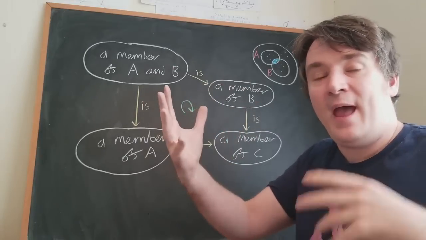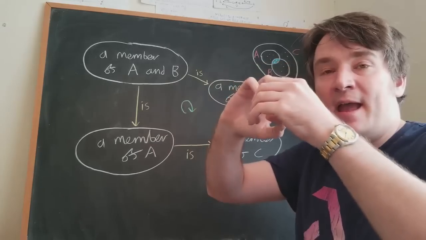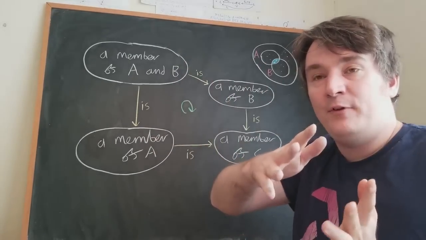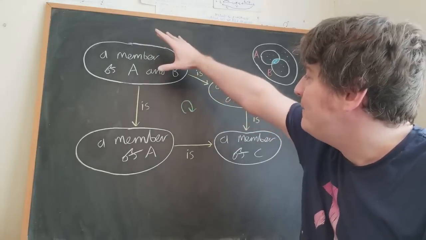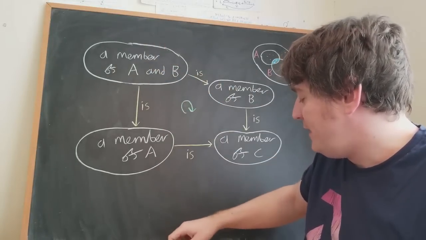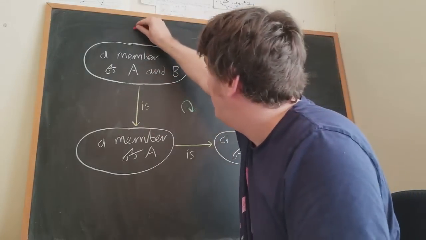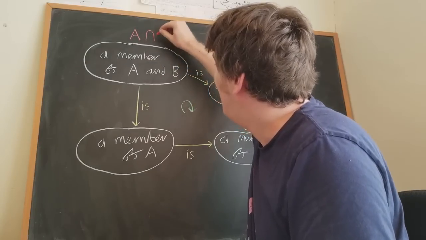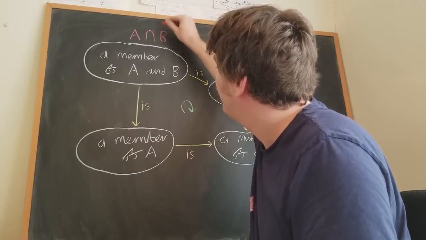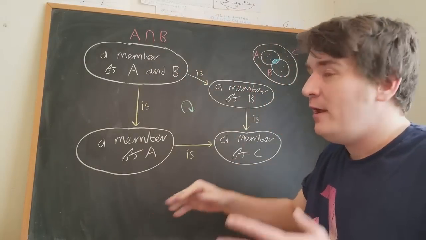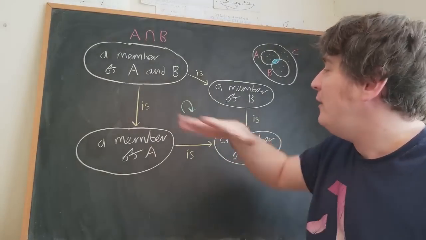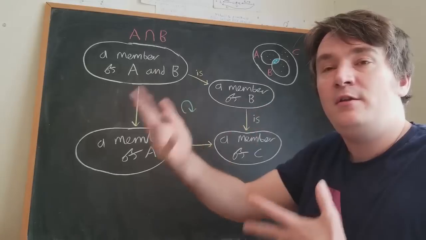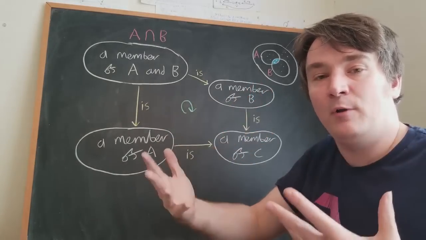If you have a set A and a set B, then their intersection is the set of all elements which are members of A and members of B. Normally we write this as A cap B. It turns out that we can express the intersection of two sets using this notion of a pullback.